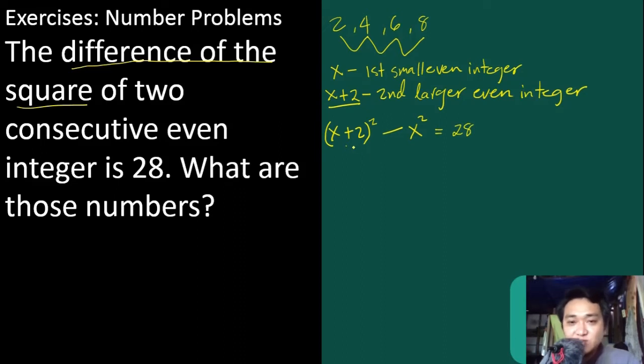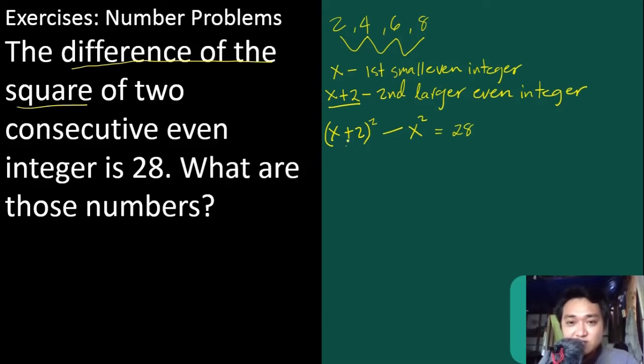And what are those numbers? Since meron na tayong expression that serves this purpose, ang gagawin na lang natin is isa-solve na lang natin siya. If this is already properly represented, then we can now solve.